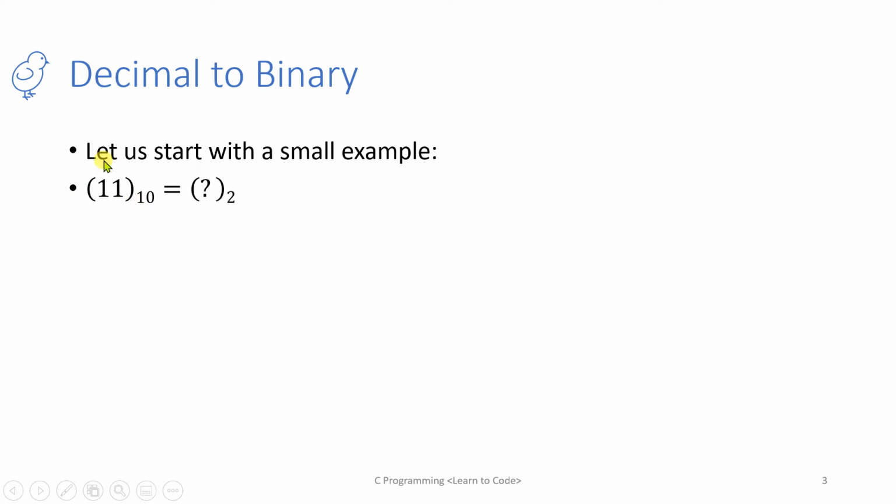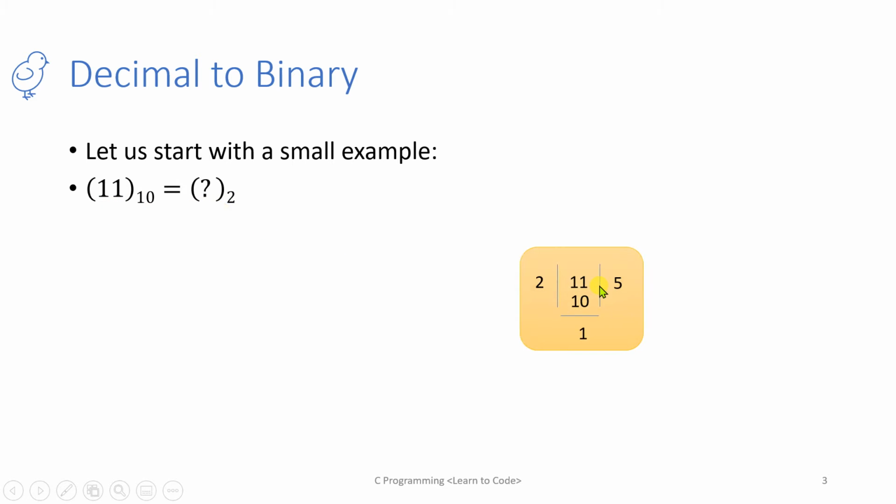Whenever you get a decimal number and you want to convert it into binary, that decimal number needs to be divided by 2, because you want to convert it into binary, so its base is 2. That's why you should divide 11 by 2.